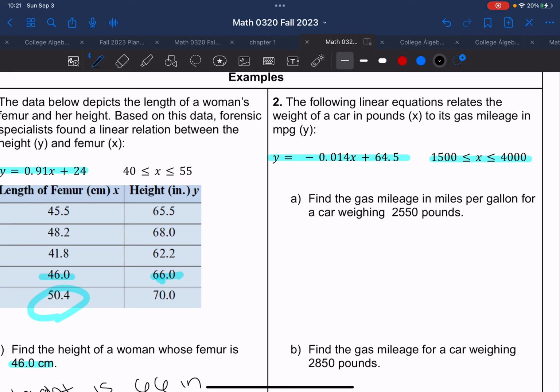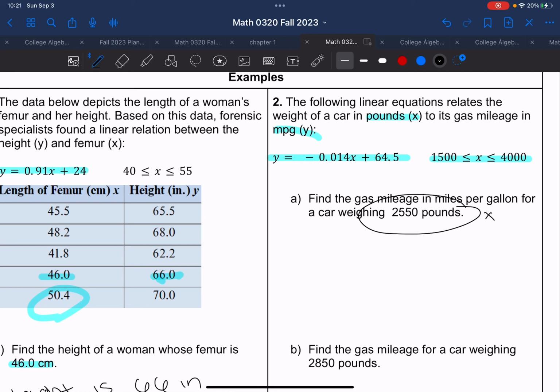For A, it says find the gas mileage in miles per gallon for a car weighing 2,550 pounds. Pounds is our x value, and miles per gallon our y value, meaning that this 2,550 is going to be our x.